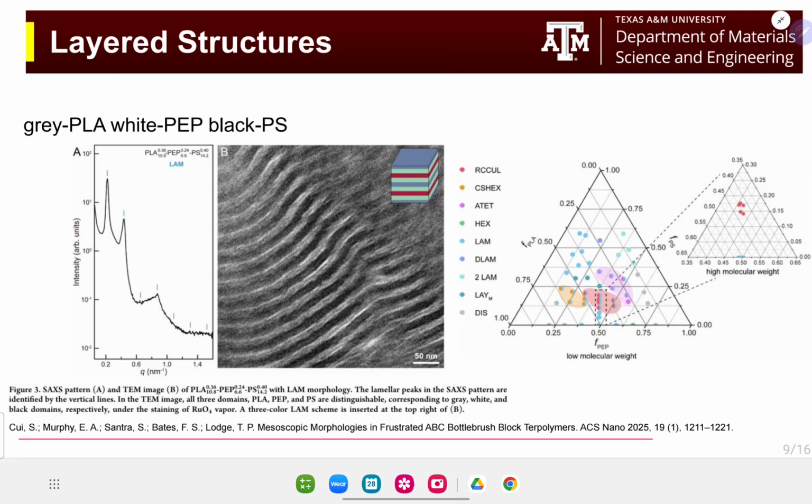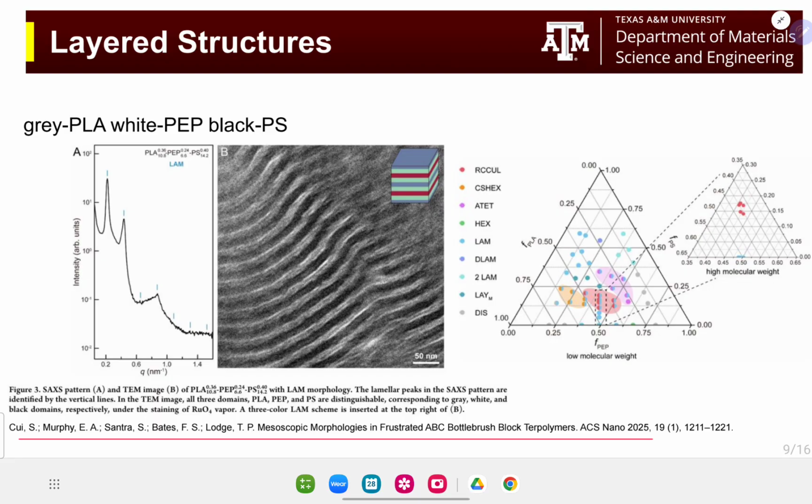SAXS analysis of other layered structures, for example DLAM, LAM, and 2LAM, also revealed lamella-like peaks, along with additional, typically broader peaks. All layered structures identified through SAXS were further confirmed by TEM imaging.